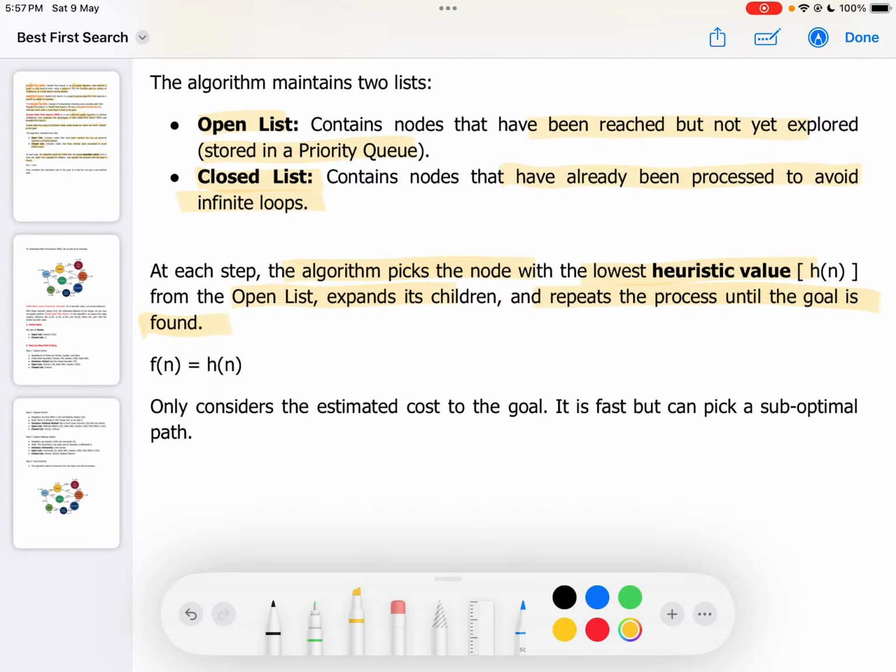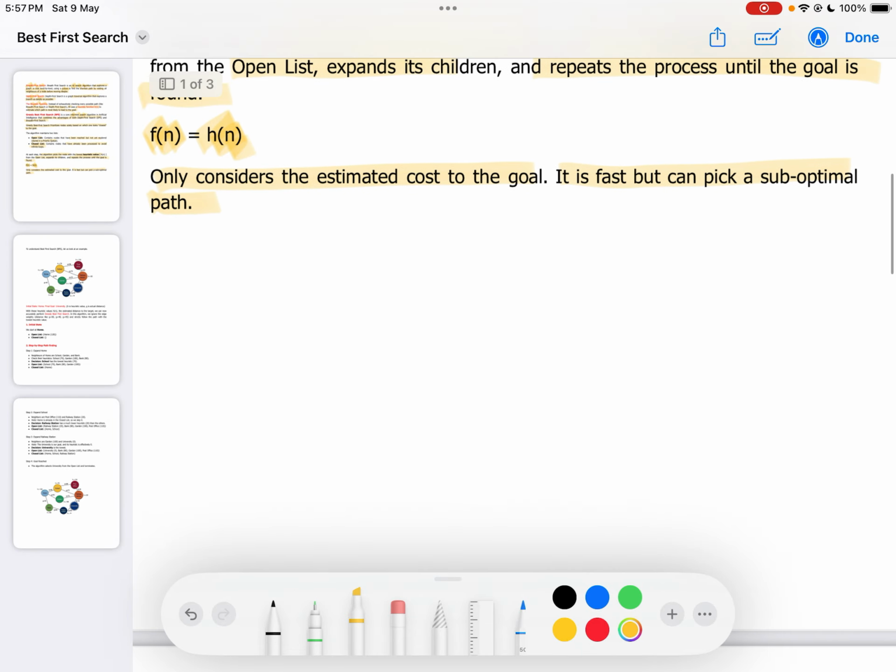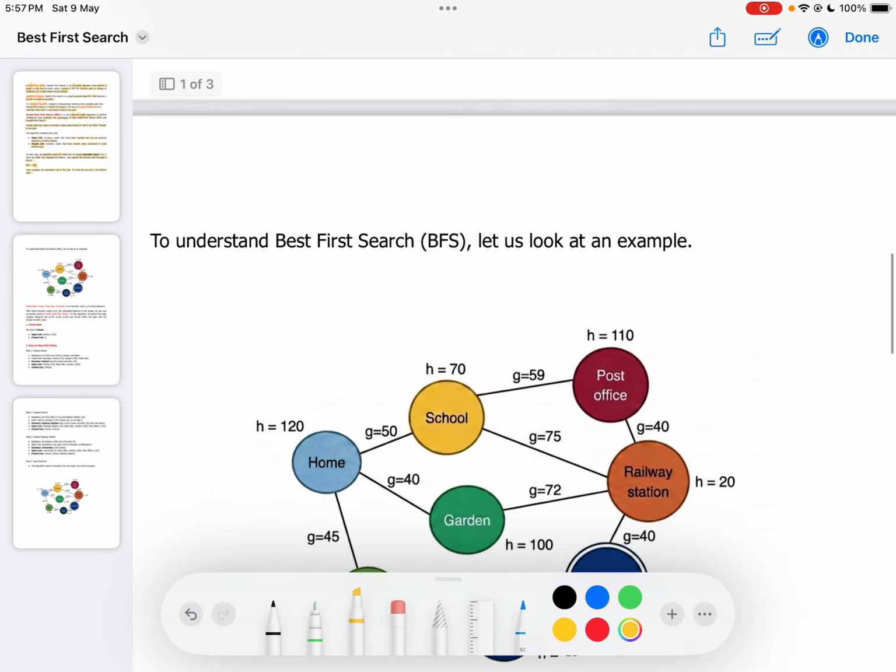The formula is f(n) = h(n). It only considers the estimated cost to the goal. It is fast, but it can pick a suboptimal path. What do you mean by suboptimal path? It means it can go into a longer route. We'll look at an example and you will understand.